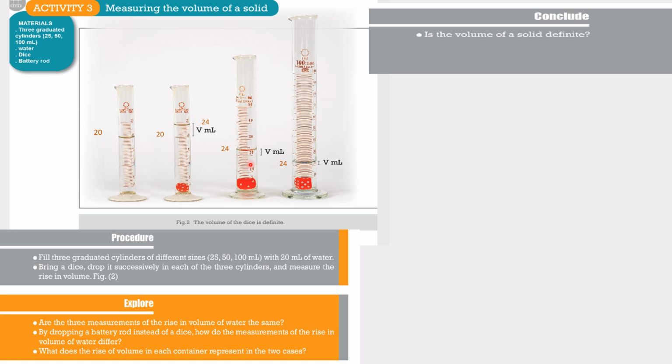Also here the volume was 20 and it increases and becomes 24 and the same in the last one, the rise in the volume is the same. So when we put the dice, the volume in the 3 graduated cylinders becomes 24.